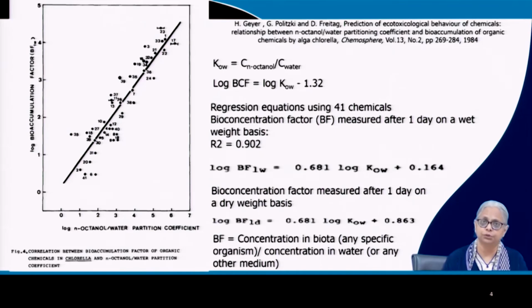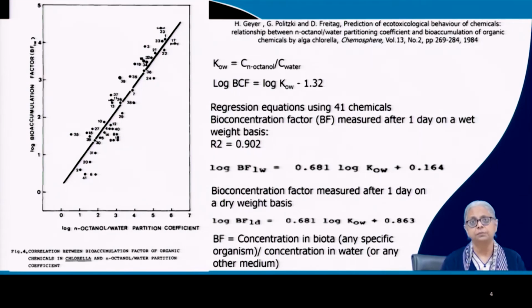It's 1984, so as far back as that, and there are many studies. This is just an example, but there are thousands of papers out there that will give you similar data. My point here is that you have a clear correlation between the chemical factor, which is KOW, and the bioaccumulation factor.